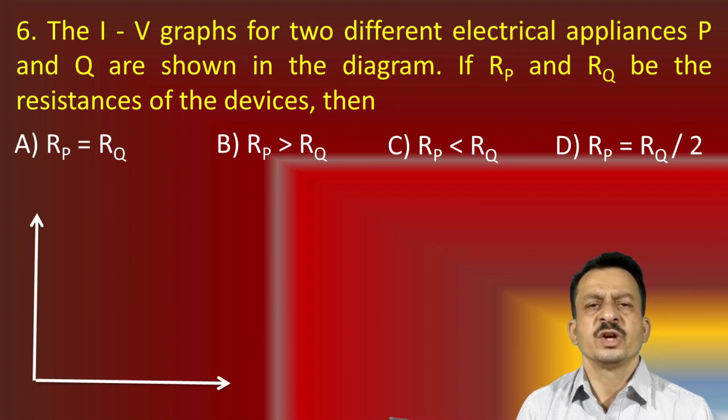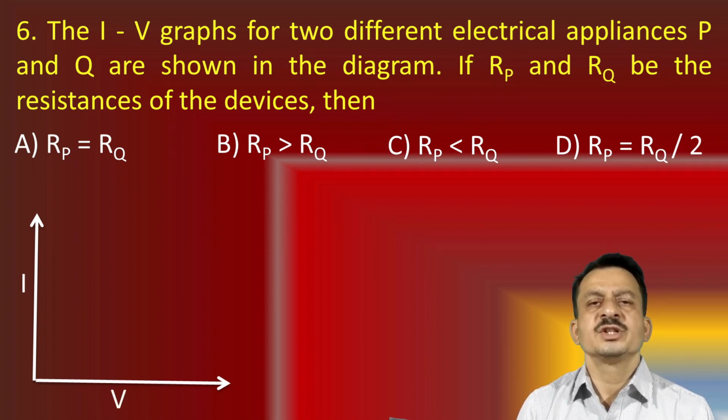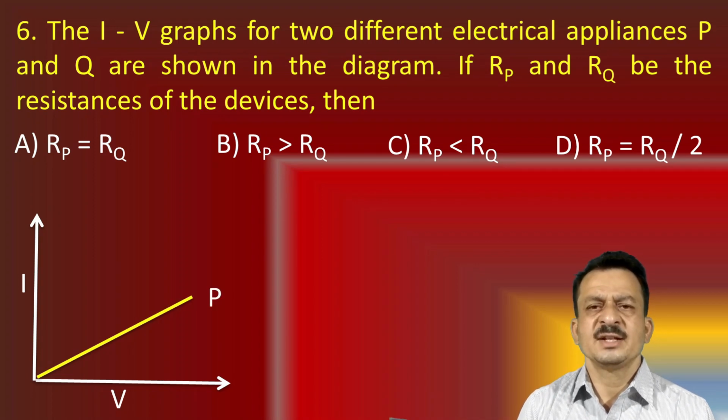They have given the diagram. Now we have the voltage along the x-axis and current along the y-axis. The graph for the first appliance P is as shown in the yellow and another one, appliance Q, is as shown in the blue color.